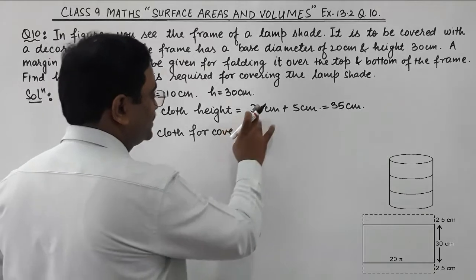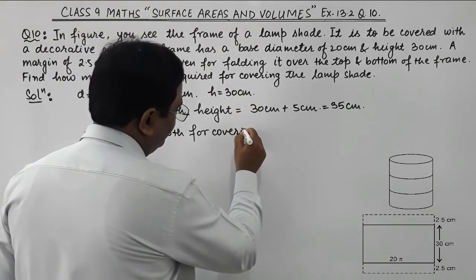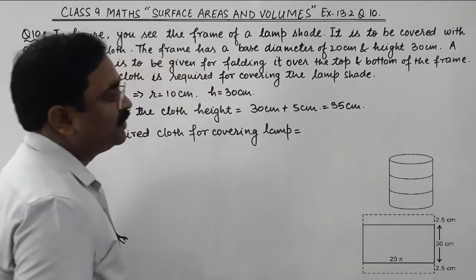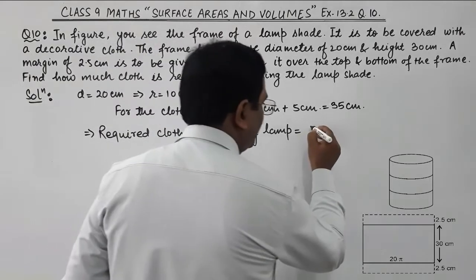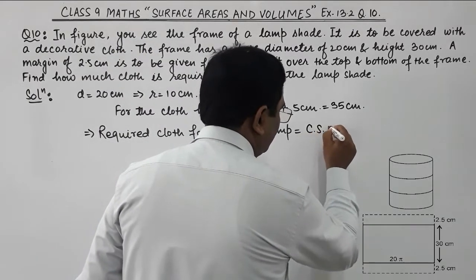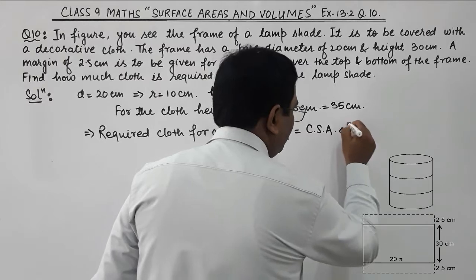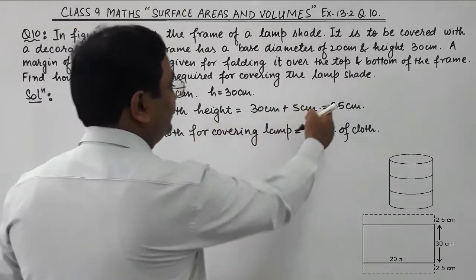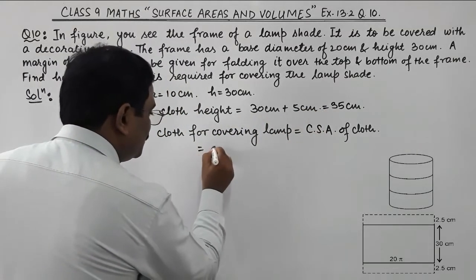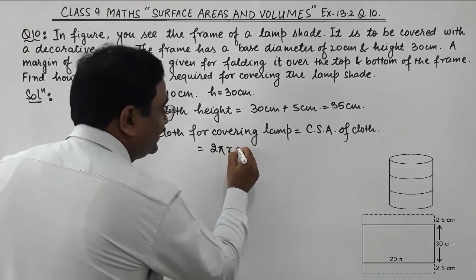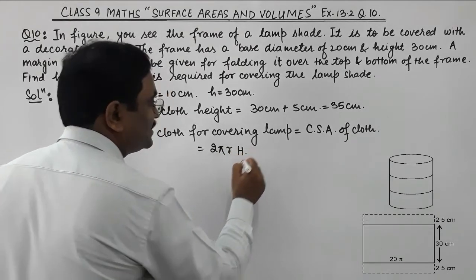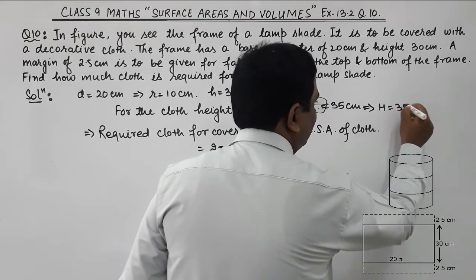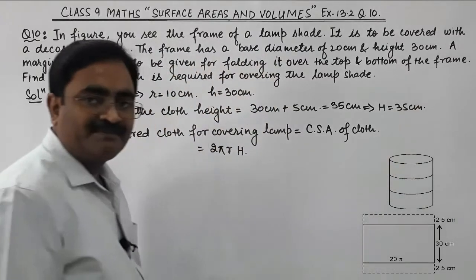the curved surface area of the cloth. Curved surface area of cloth means we have to take the height of this cloth, that is 2 pi r into h, capital H if you are taking the height of this cloth, which is 35 centimeter, right?